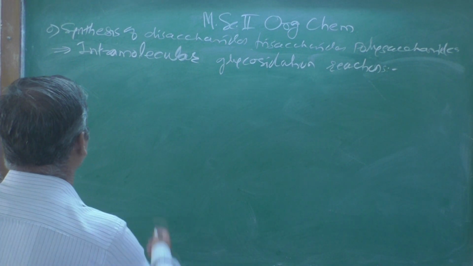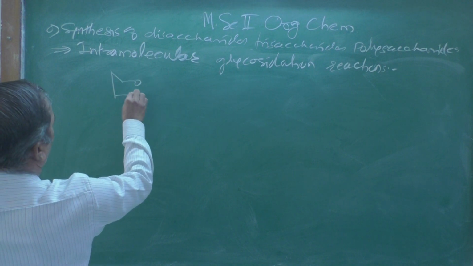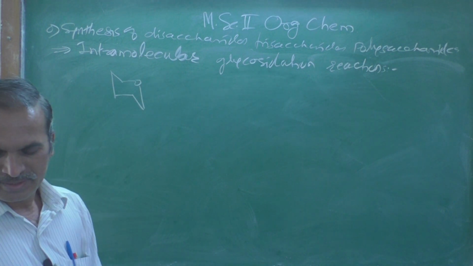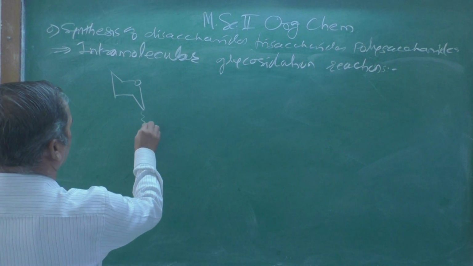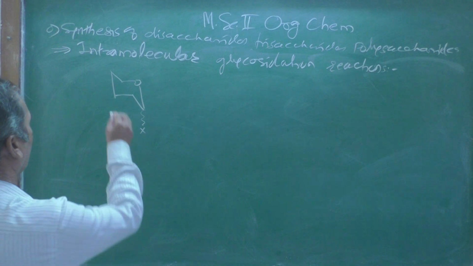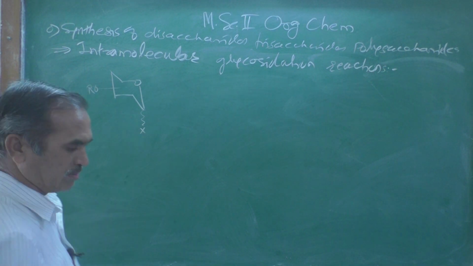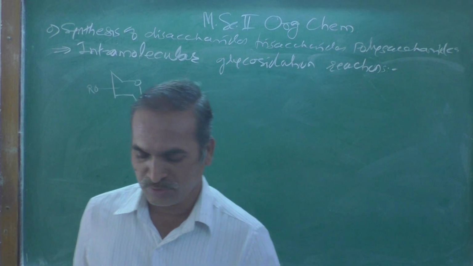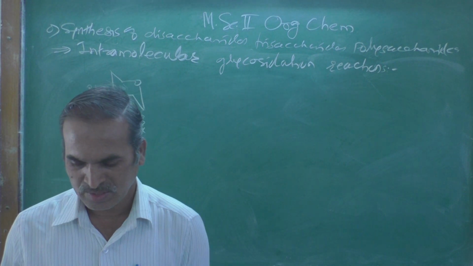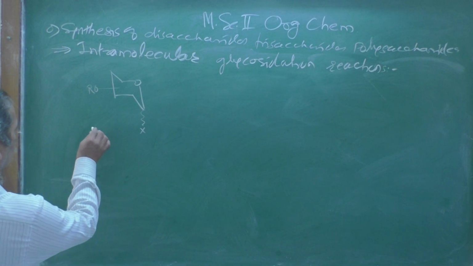Let us see scheme number 1, which is represented here. Here X is present, and RO is a protecting group introduced in it, and this is known as the glycosyl donor.